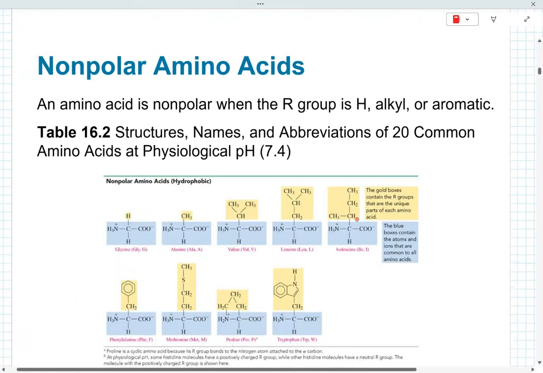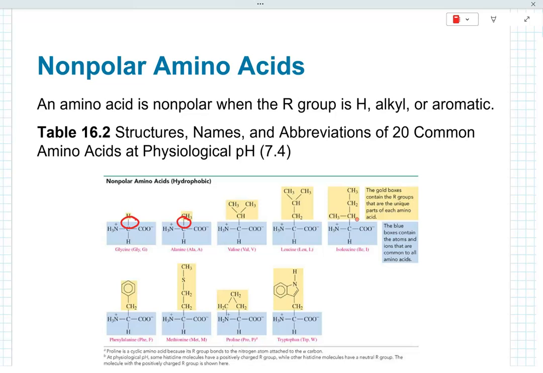And this is your first set of non-polar amino acids. You probably remember from our previous conversations that the bonds between carbon and hydrogen, and between carbon and carbon, are non-polar. So glycine, alanine, valine, leucine, and so on, are all non-polar amino acids.